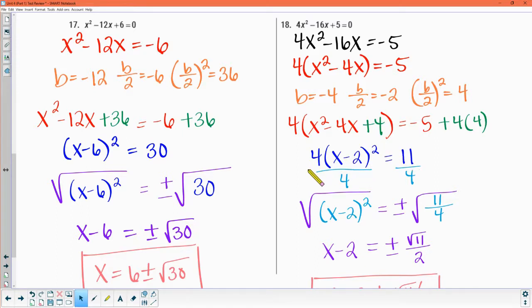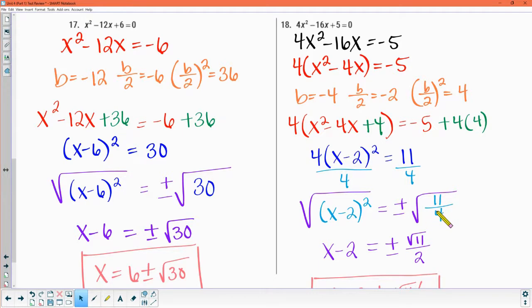Now I'm going to divide by 4 on both sides of my equation. Take the square root of both sides, plus or minus with the number side. Now remember, when you are taking the square root of a fraction, really you're taking the square root of the top and the square root of the bottom. Now I cannot take the square root of 11, but I can take the square root of 4.